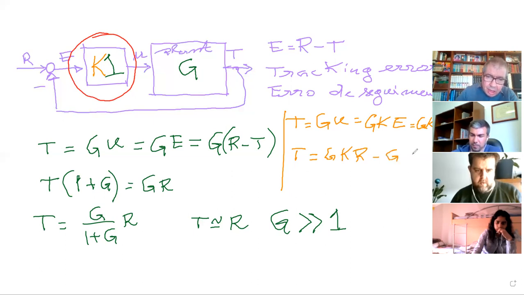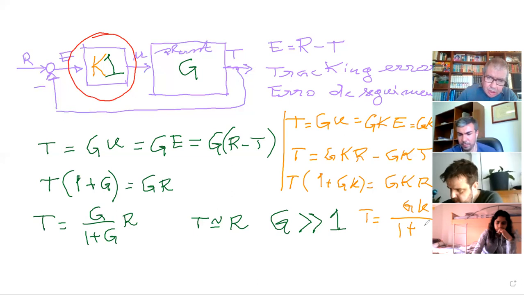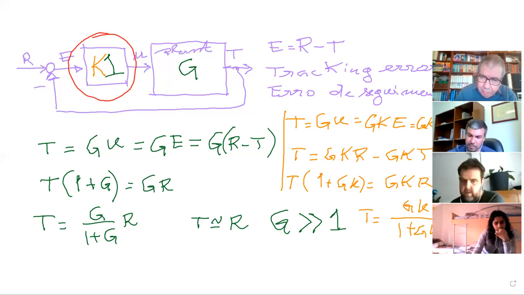I mean, you should be ashamed of not doing this computation so fast. Okay, so T times (1 plus GK) equals GKR. And this means that T is GK over (1 plus GK), and this multiplies by R.